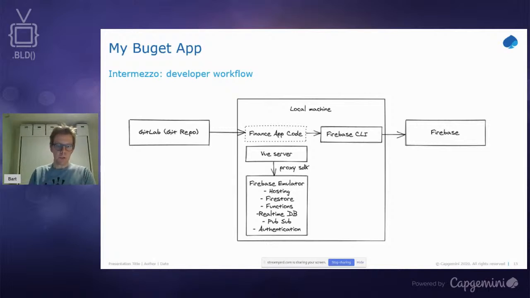You have the emulator running to reach all build services of Firebase. And then you have the CLI to perform the interaction with Firebase itself. So the Firebase CLI is there to deploy, create a preview, all those kind of things. But also, if you want to export the data from your emulator, if there happens to be any.